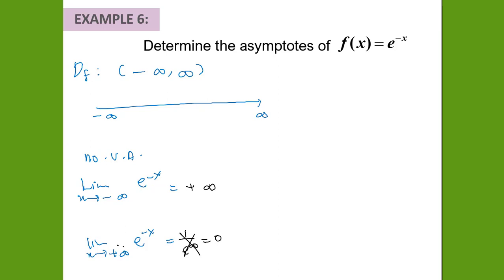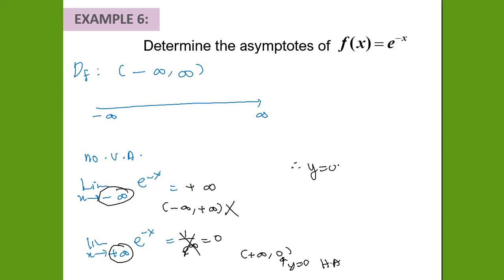So when x is positive infinity, y is 0. This is y equals 0, a horizontal asymptote. When x equals negative infinity, y is positive infinity, so no horizontal asymptote there. Therefore, y equals 0 is a horizontal asymptote and there is no vertical asymptote.